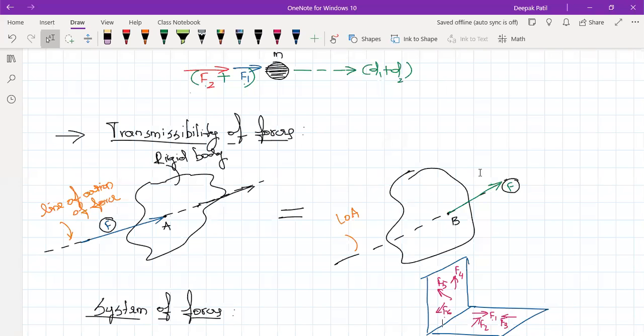The force can be applied at any point on the line of action of the force, provided you don't change the magnitude, provided you don't change the direction, and provided you are not applying that force anywhere away from the line of action. Then only it is the principle of transmissibility of forces. It is not like coming in or going out. Don't think like that.